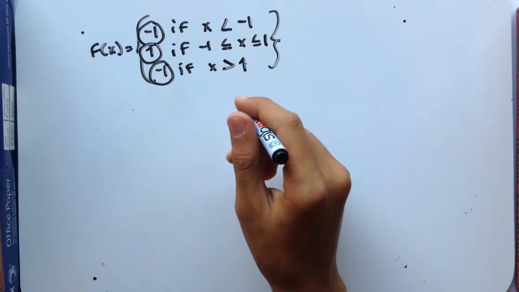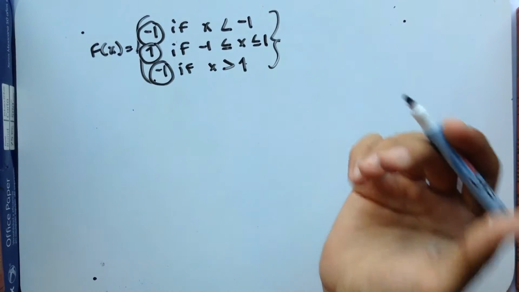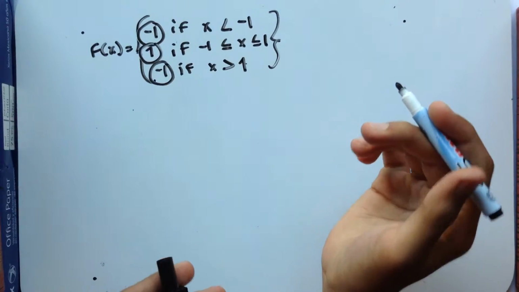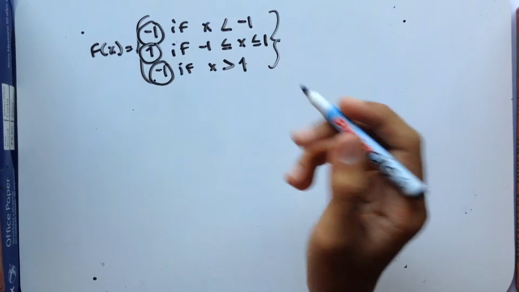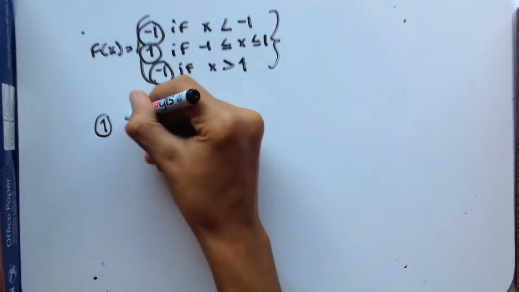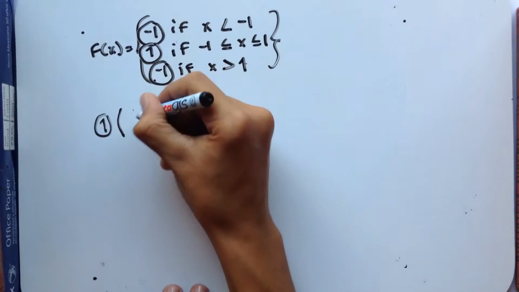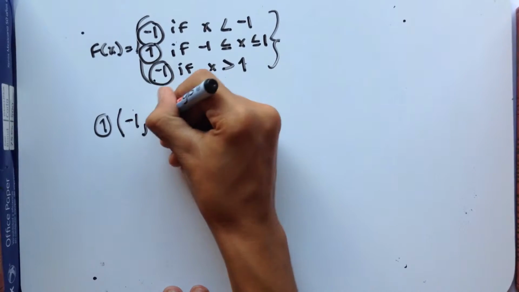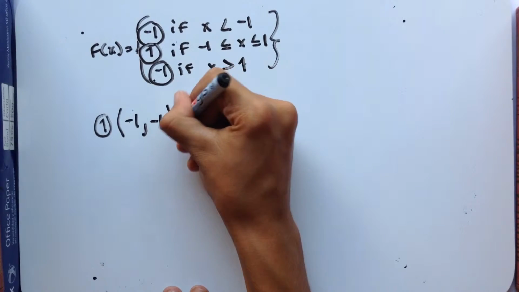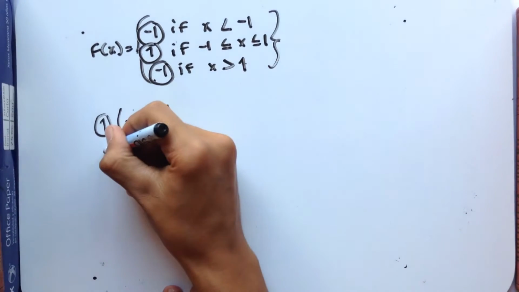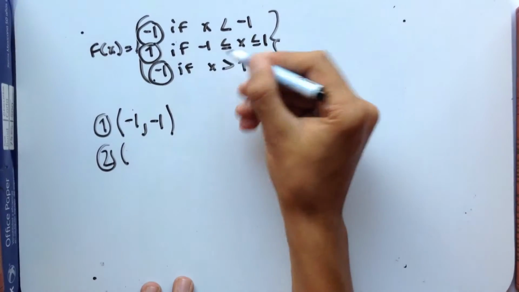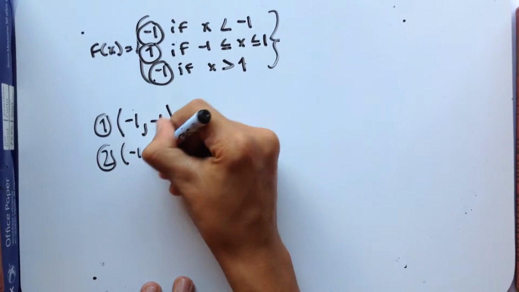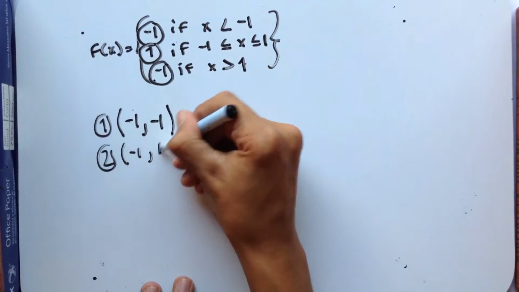So now, with this information, we can coordinate reference points in our graph. The result of the first function is parentheses minus 1 comma minus 1, and then we close the parentheses. The second function, when x value is minus 1, y value will be 1.